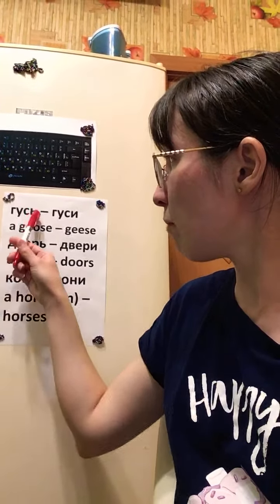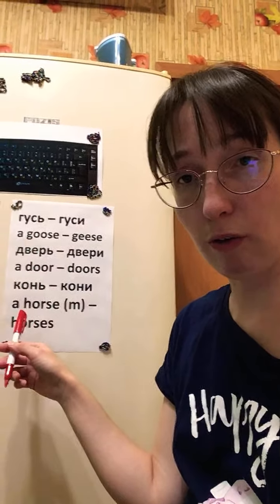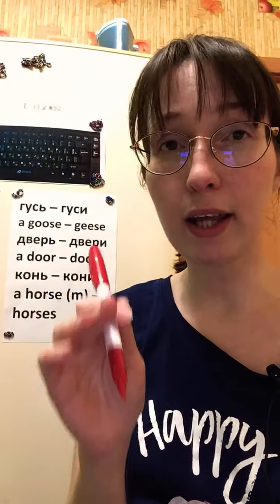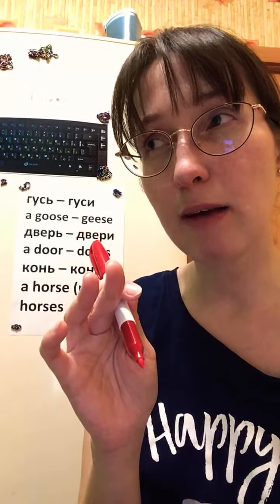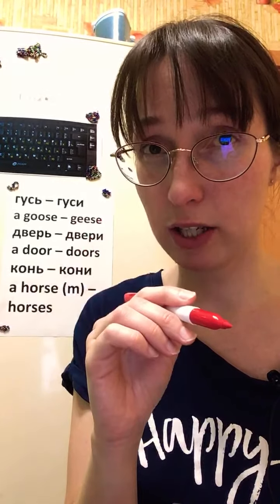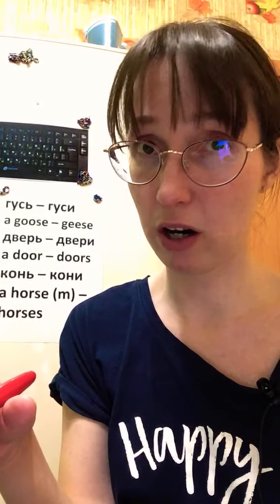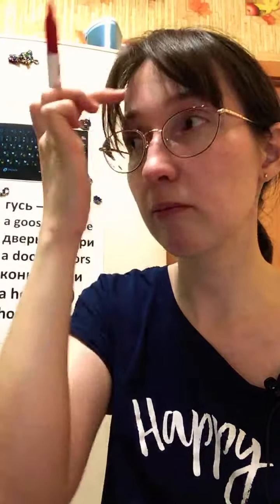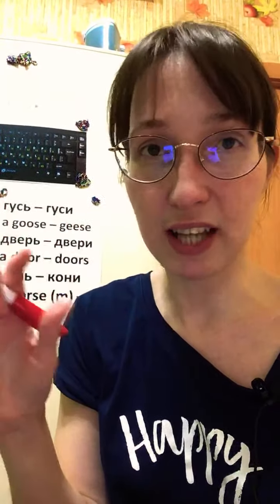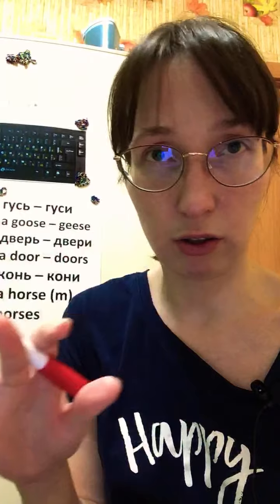Look, I made a short list of some Russian words. When a Russian noun ends with a soft sign, sometimes it can be a masculine noun, but sometimes it can be a feminine noun. You can't know about it in advance, because there are no signs if it's masculine or feminine.